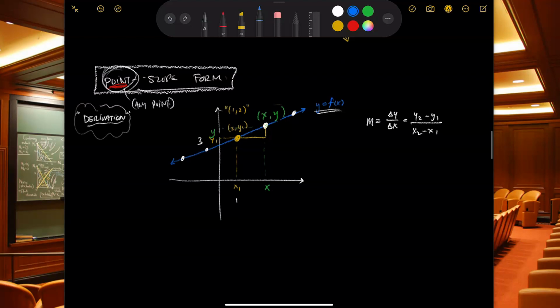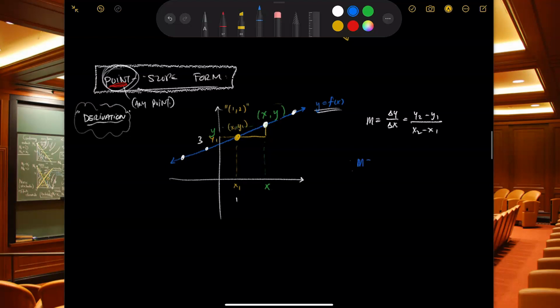Well, we know that m would be y minus y1, change in the y, all over x minus x1.